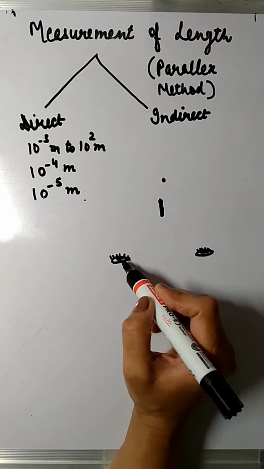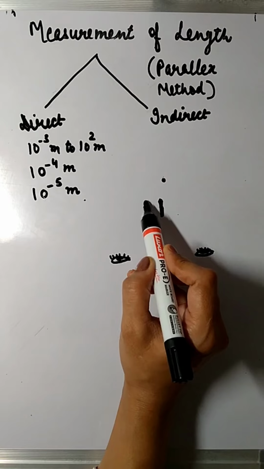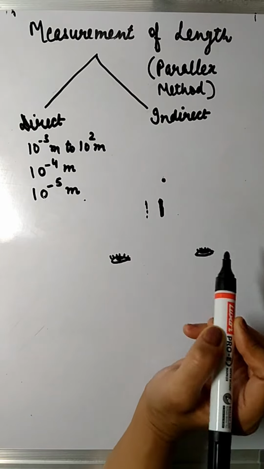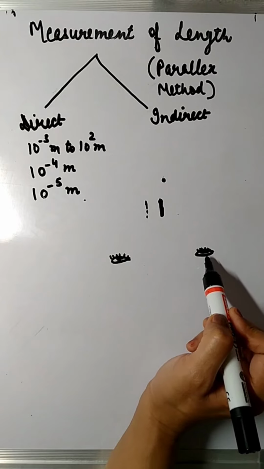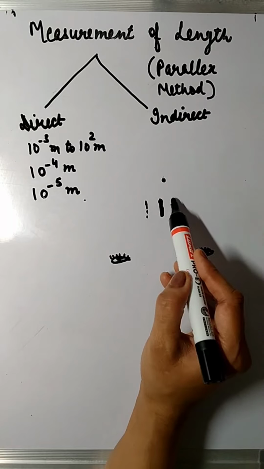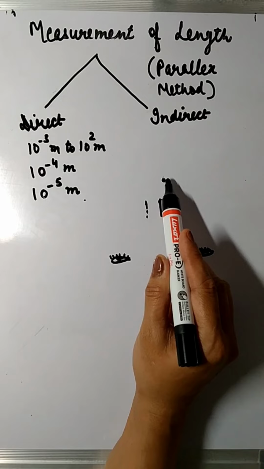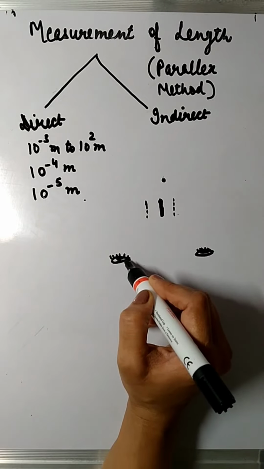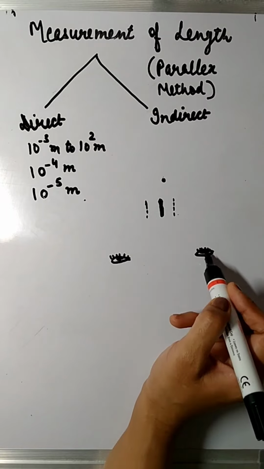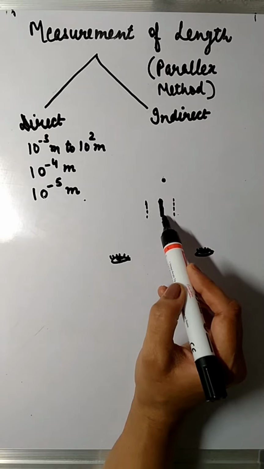Now you close one eye, for example you close your left eye and look at the position, you will see that the position has shifted a little bit towards the left. And then you close your right eye and then observe this position of the pencil. You will see that it has shifted a little bit towards the right with respect to this point. So left eye closed, position has shifted towards this side. Right eye closed, position has shifted towards this side. Both eyes open, it is in the middle.